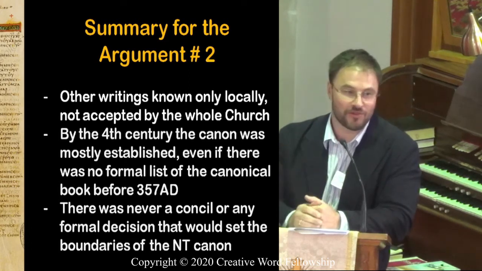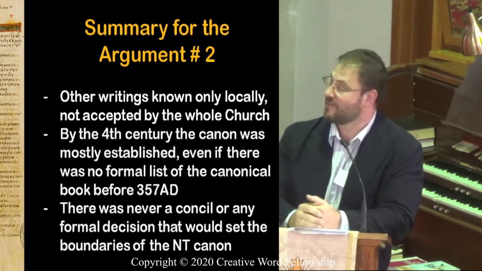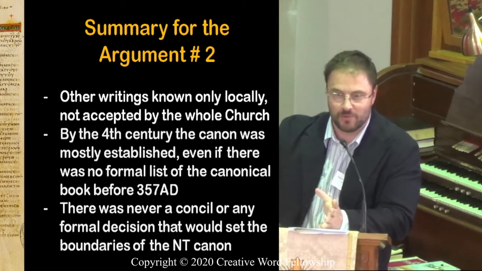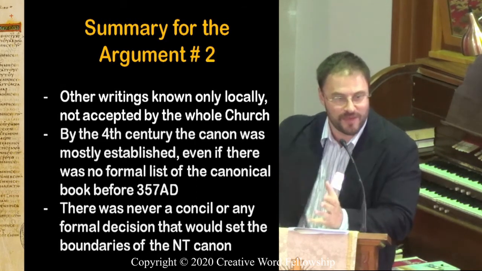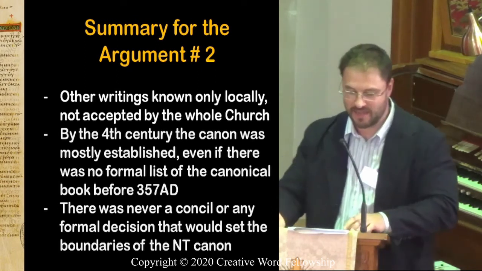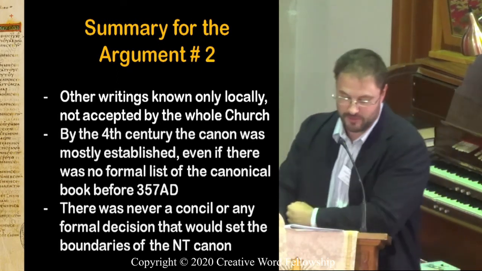So even if we do not have a list of God-given, authoritative, apostolic, inspired books, we know from church history, from the formation of the canon, that those books were treated as God-given because of their apostolic origin.